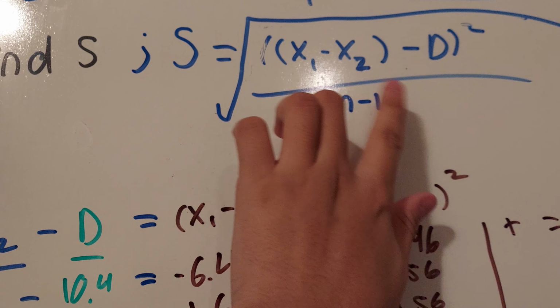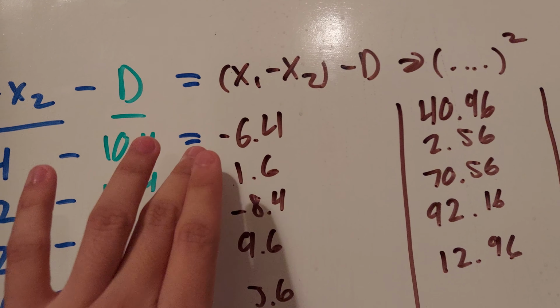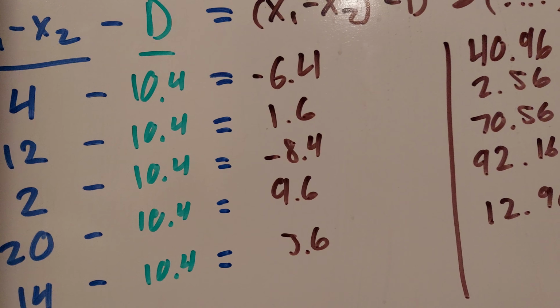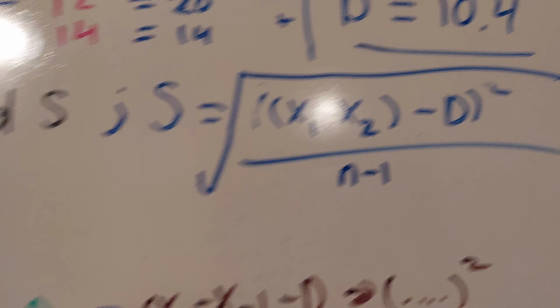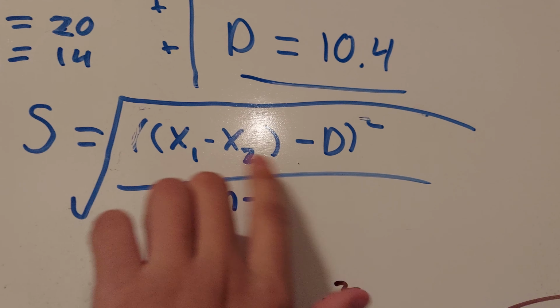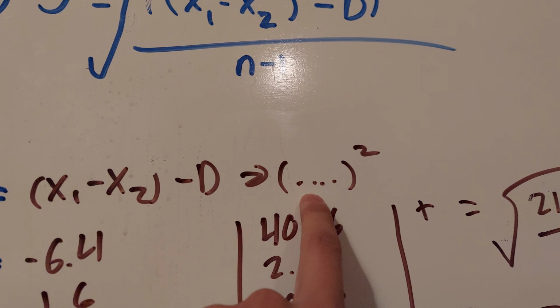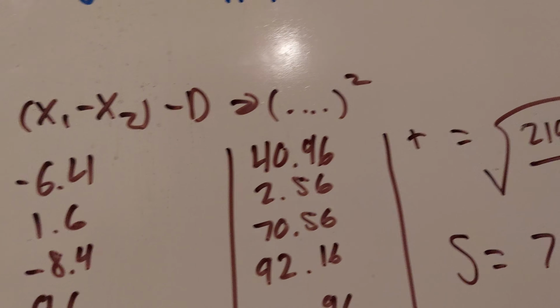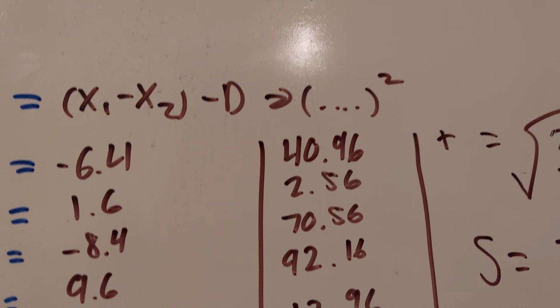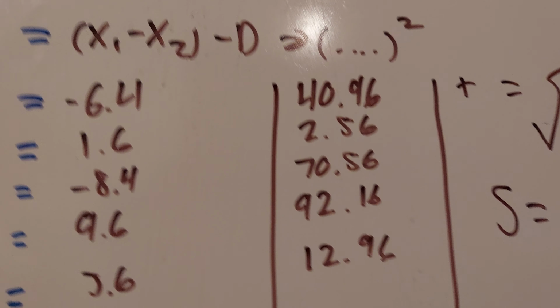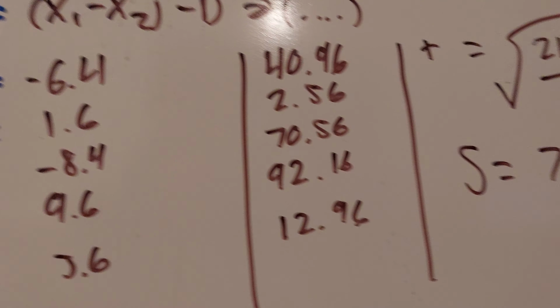So we did this part right here, which results in negative 6.4, 1.6, negative 8.4, 9.6, and 3.6. Now, as you can see here, there's another set of parentheses, and we're going to square it. So that's what this means right here. I just put it in there and squared it, in which we get these numbers: 40.96, 2.56, 70.56, 92.16, and 12.96.